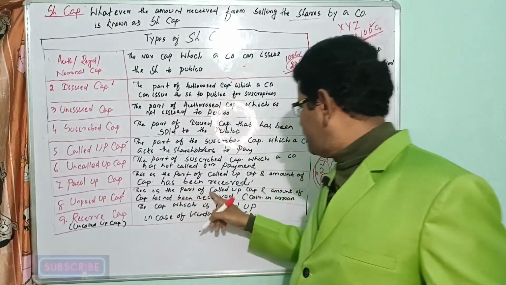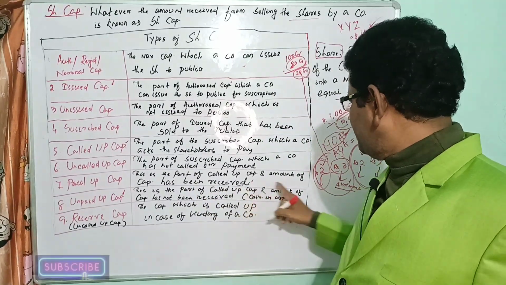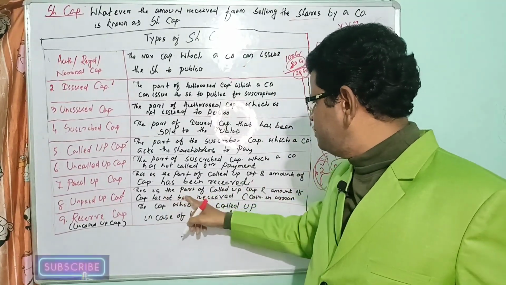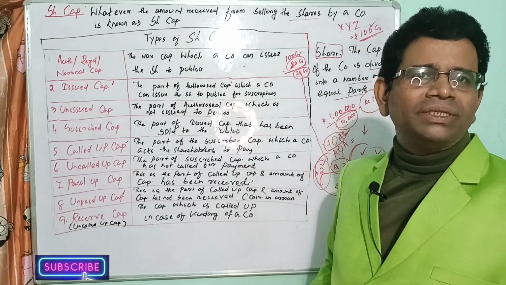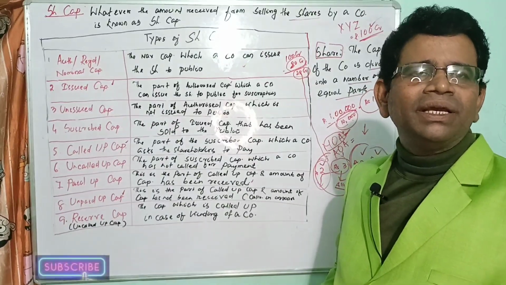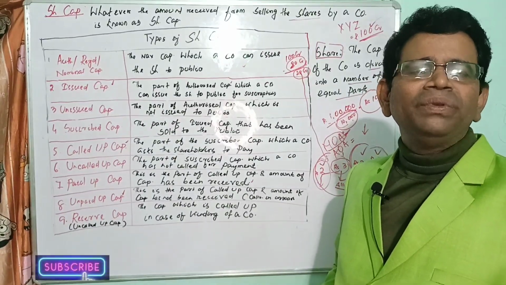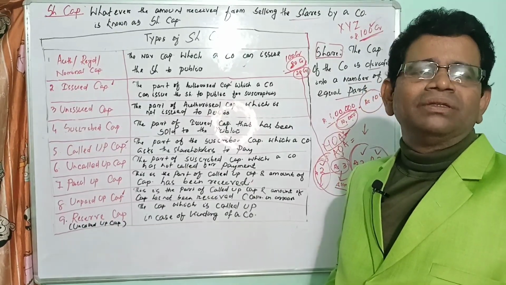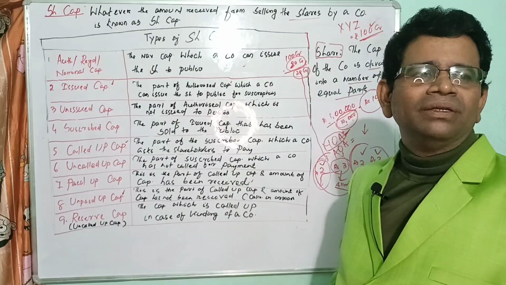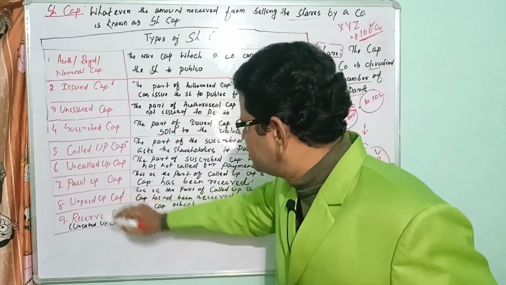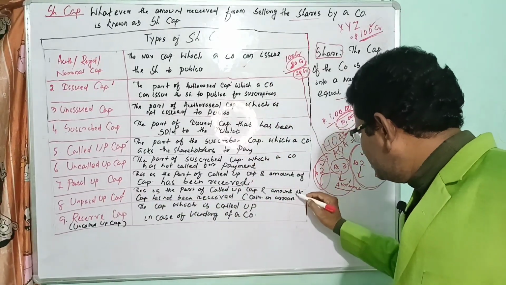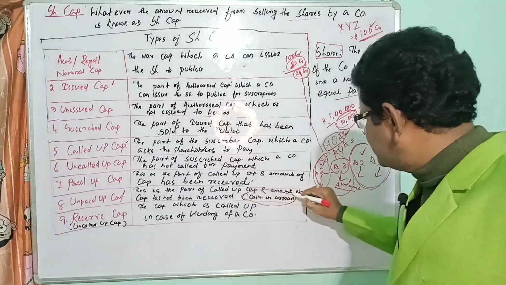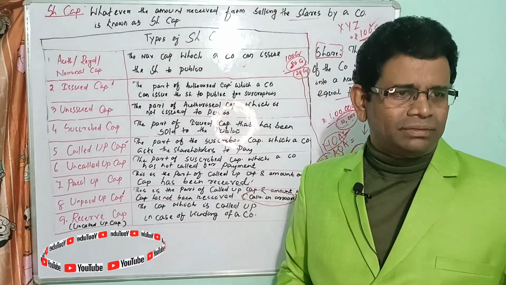This is the part of the called up capital for which the amount has not been received from the shareholders. Here the shareholders are defaulters. The company has already called, but due to some problem the shareholders have not paid. It is known as unpaid capital, or we can say calls in arrear.